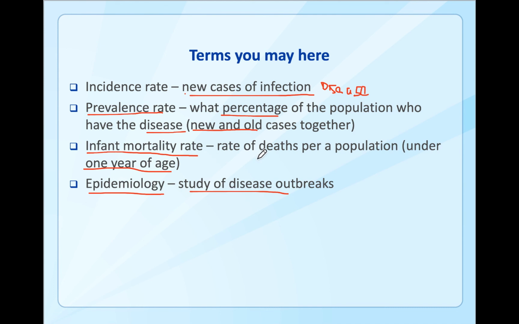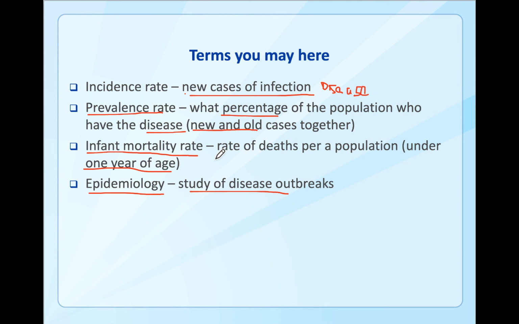Infant mortality is the rate of deaths per population under 1 year of age. So it's the number of deaths that have occurred under 1 year of age per population. And think about this. Infant mortality rate is something we constantly look at because it really shows the health and well-being of a population.